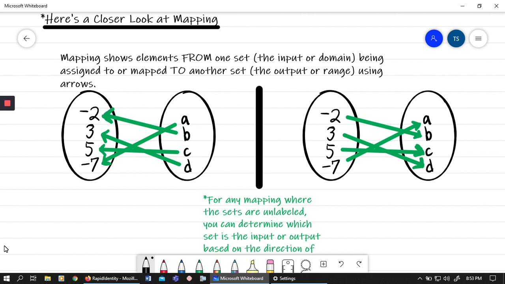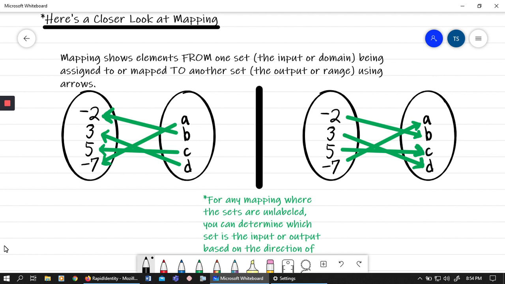And of course, the set they're being assigned to is the output set. So it shows elements from one set being mapped to another set, and it uses arrows to do that.